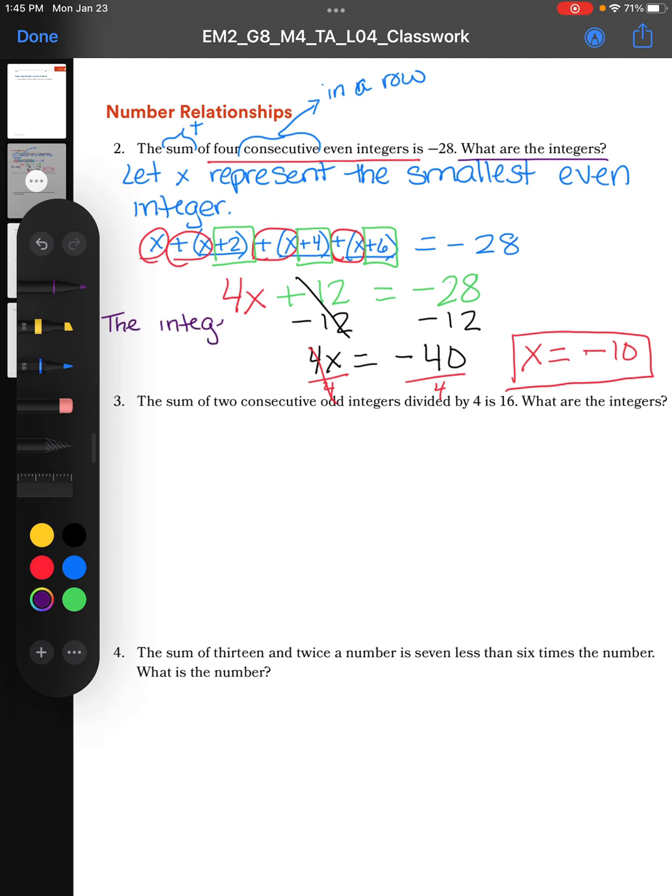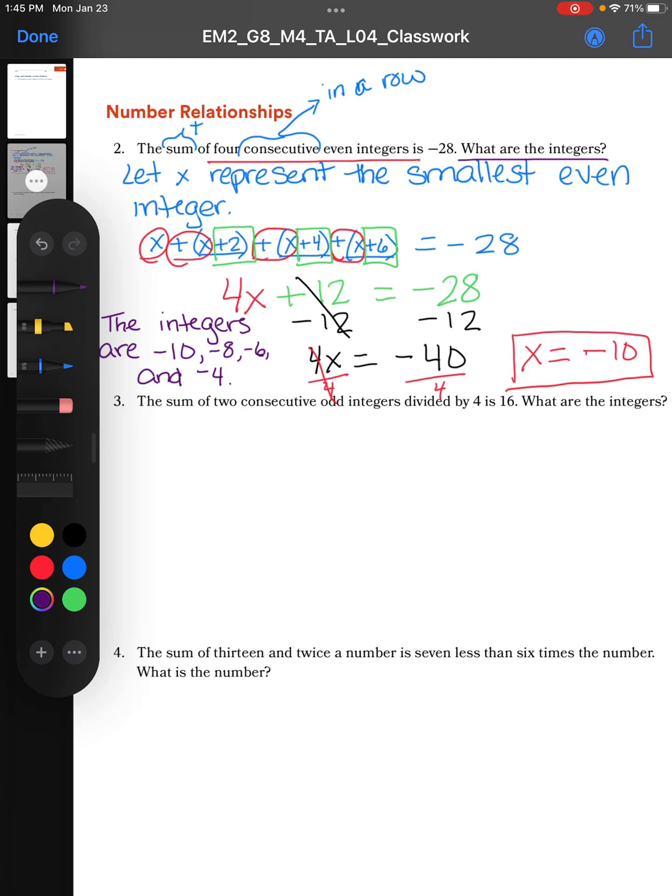The integers are negative 10, that's my smallest even. What's my next one? Negative 8, yep, right? Because negative 10 is the smallest, so I'm getting closer to 0. Negative 6 and negative 4.